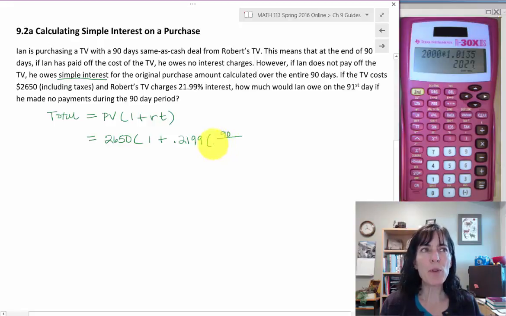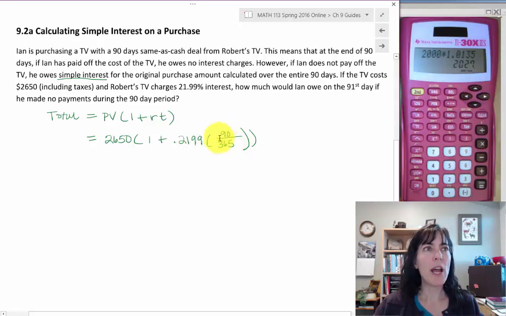So remember, the interest rates are generally stated for a full year. So if I have 90 days, that's 90 out of 365. So I need to write that as a fraction. I have 90 parts out of 365 total days, and that gives me the fraction of time that we're talking about for this interest period. And then I just need to start doing some things on my calculator.